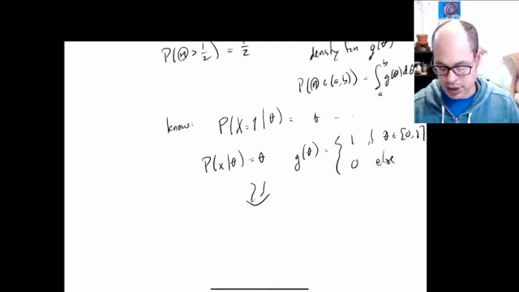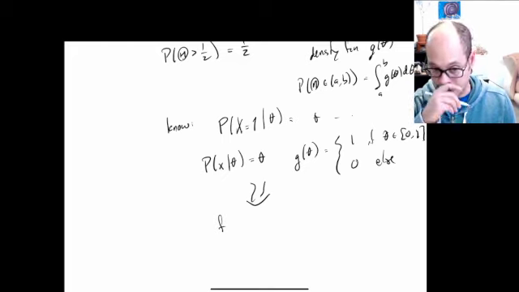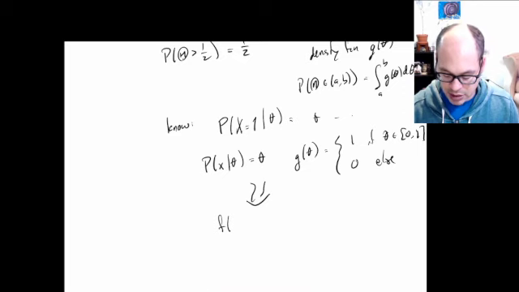So let me just, what letter should I give that? I'll just call it F, even though we'll just remember that that x has two values and theta has infinitely many values. But so it's f of x, comma theta.